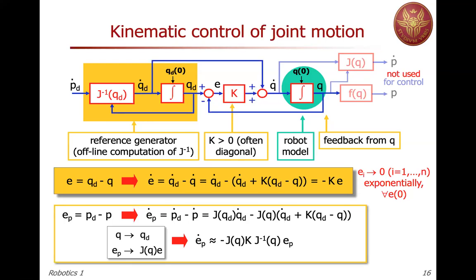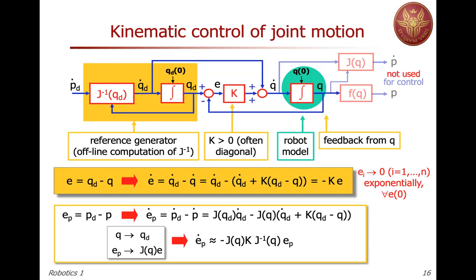In fact, just look at the definition of the error in the P coordinates, so at the Cartesian level, if you wish. We have P_d minus P. We look at the evolution in time, so we have e_P dot. This will be the derivative of the two terms, so P_d dot minus P dot. Now, P_d dot, you see from the reference generator that it's taking as input P_d dot and generating q_d dot.